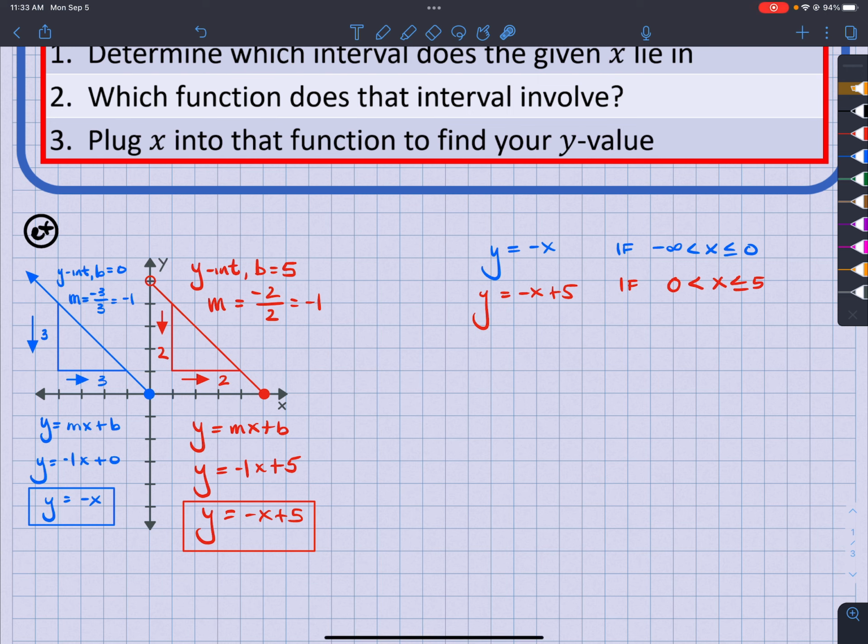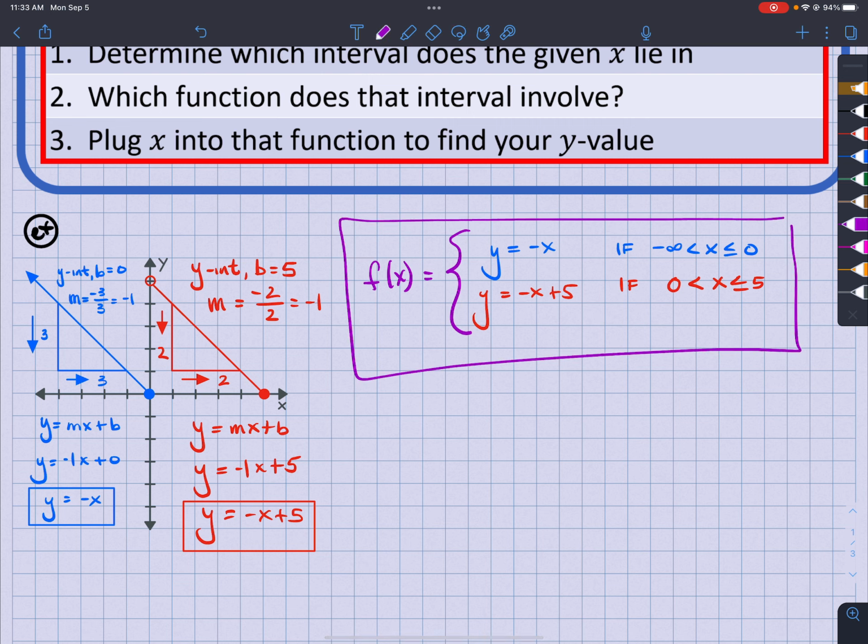So how would you write this? You would write this with a squiggly bracket, and then it's going to say f of x is equal to that. All right, let's make it a little prettier. So that is what you would see as the answer to that graph.